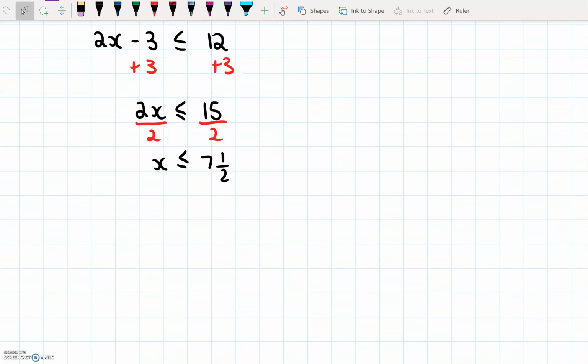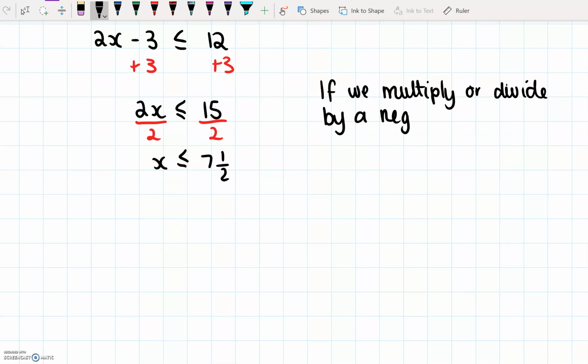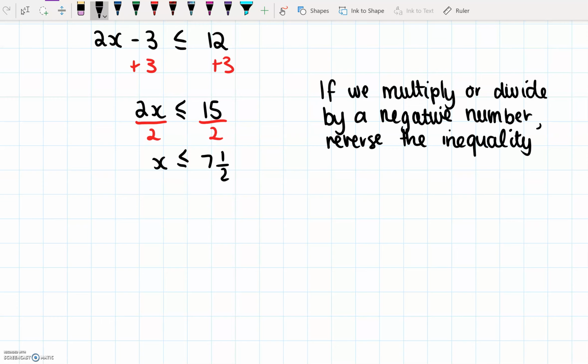The main exception with inequalities is that if we multiply or divide by a negative number, we need to reverse the inequality symbol.